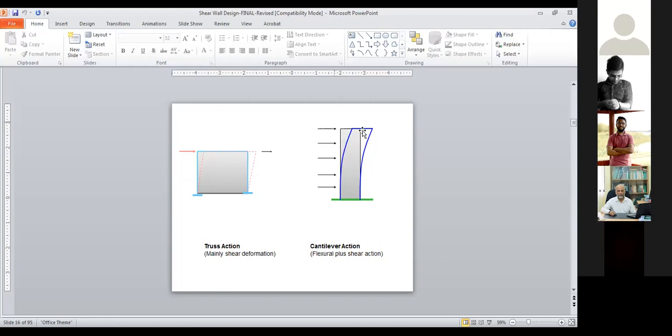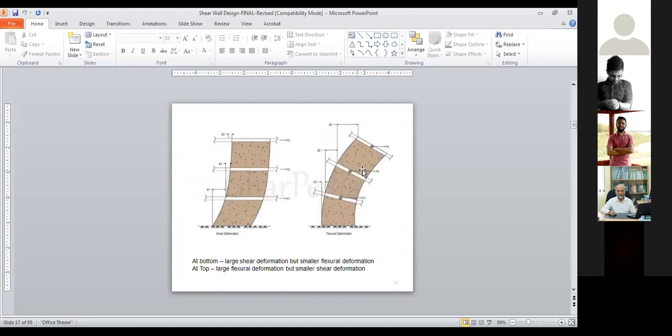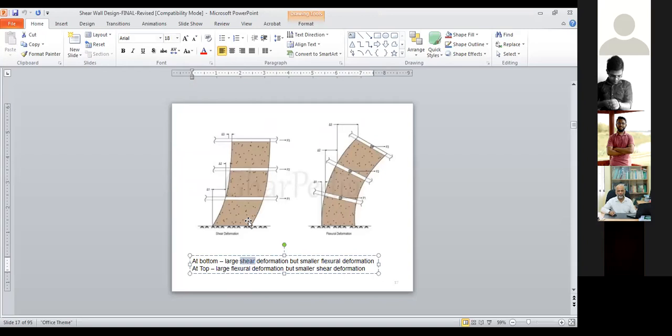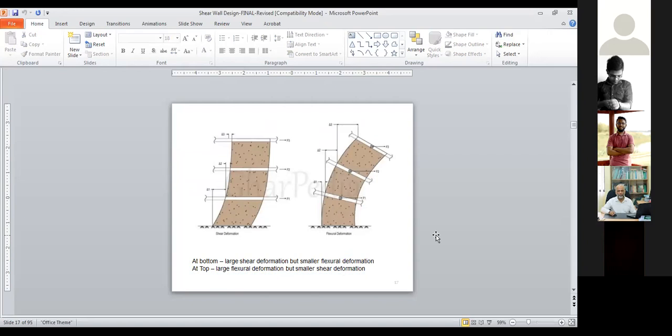If you have a cantilever action, you will have flexural plus shear deformation. If I see this slide, at the bottom you will have a large shear deformation, but because of the cantilever action you will have a very small flexural deformation.